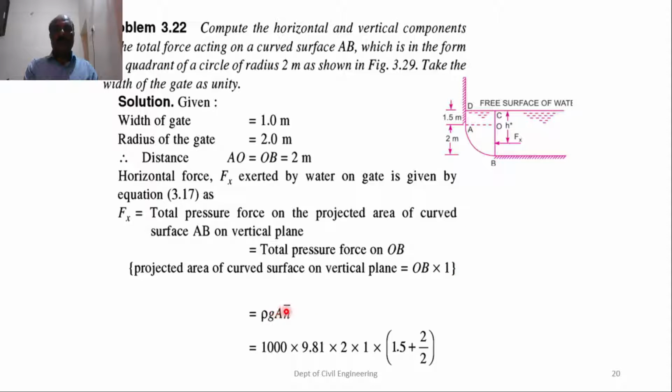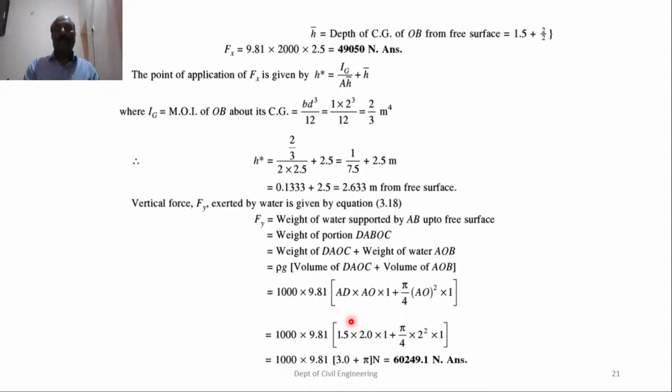So rho g H bar is 1000 into 9.81 into area into H bar, where H bar is the depth of the CG, 1.5 plus 2 by 2. So this force is 49050 Newton.